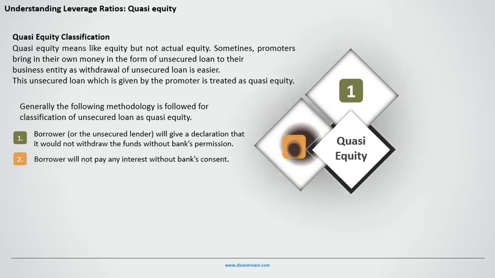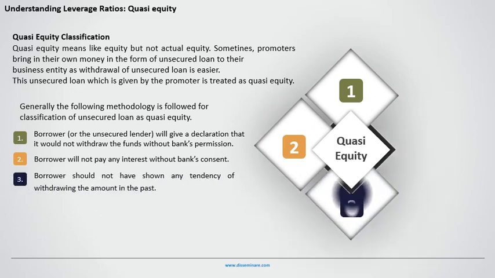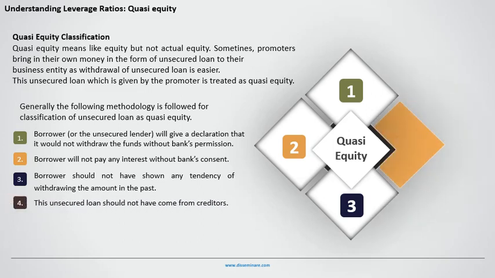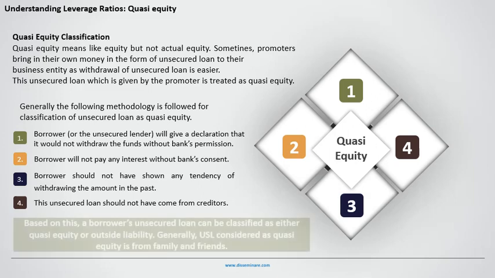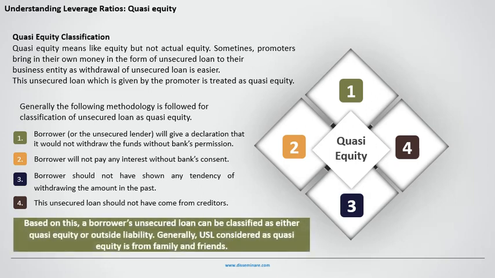The borrower will not pay any interest without the bank's consent. The borrower should not have shown any tendency of withdrawing the amount in the past. This unsecured loan should not have come from creditors. Based on these, a borrower's unsecured loan can be classified as either quasi-equity or outside liability. Generally, unsecured loan considered as quasi-equity is sourced from family and friends.